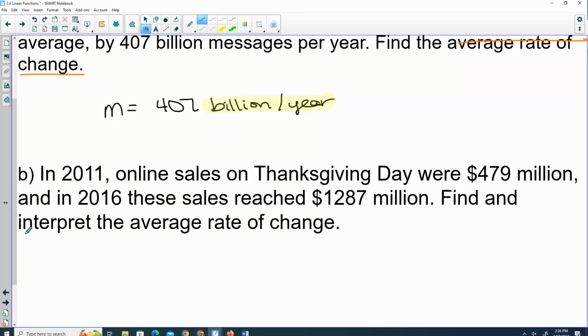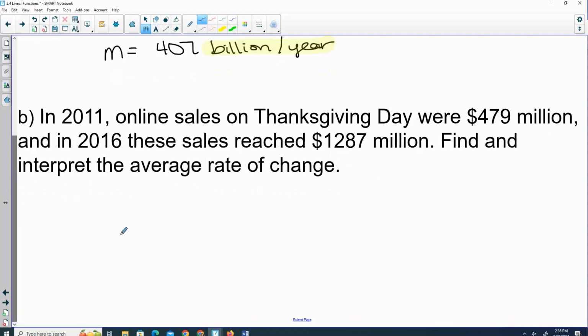So if I gave us this one, in 2011, online sales on Thanksgiving Day were 479 million. And in 2016, these sales reached $1,287 million. Find and interpret the average rate of change. So average rate of change means slope. Did I just give you the slope this time? No. So I need 2 points so that I can find it.